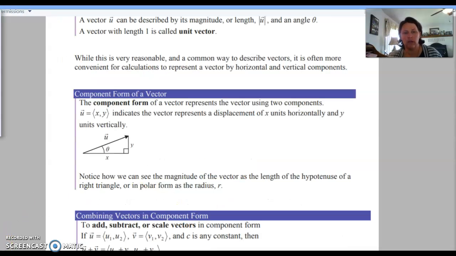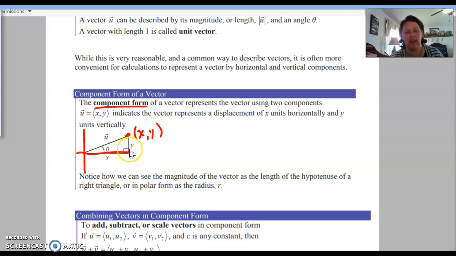Okay, we can also have what we call a component form of a vector. And a component form is really the point that it ends on in the Cartesian plane. So this vector here starts at the origin, and then we would describe it by the point that it ends at, in this case, x, y.